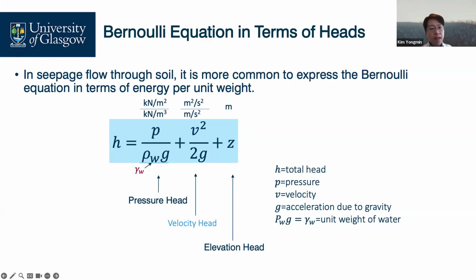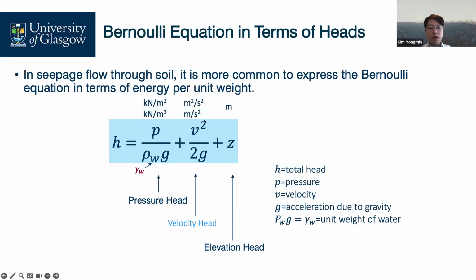When you take a look at this, p is the pressure, kilonewton per meter square. rho g, where rho is the density and g is the acceleration, has a unit of kilonewton per cubic meter. So they cancel out, and this unit is meter.